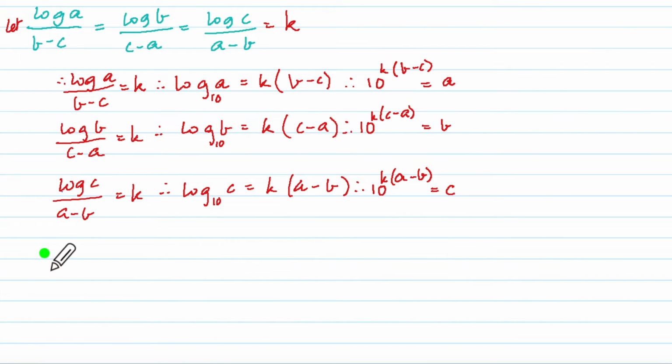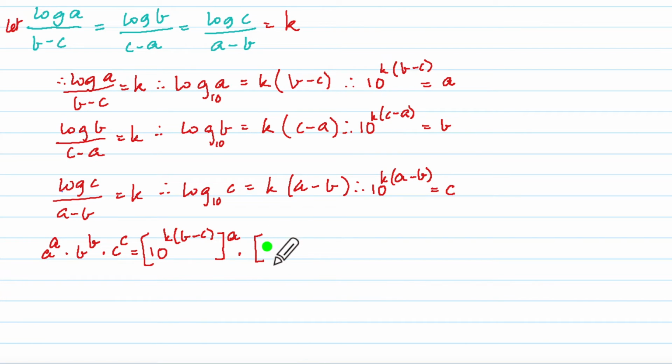Okay, now they are telling you a to the power a into b to the power b into c to the power c. What will that equal to? A is 10 to the power k into b minus c, and this is to the power a, into what is the value of b?